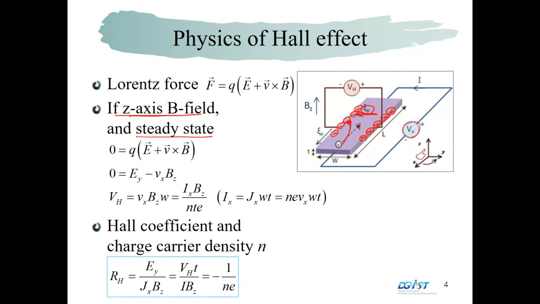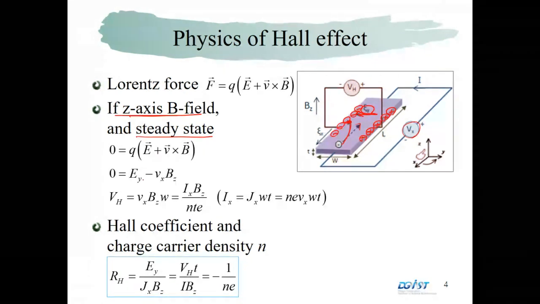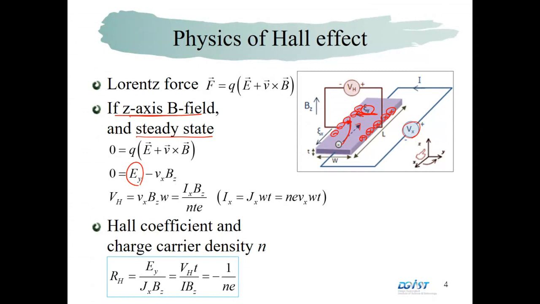So in a steady state, there is a balance between the force from the y-direction external electric field and the force because of the magnetic field. So they should satisfy this relation. And from this relation, we can obtain the voltage across this y direction, this V Hall.